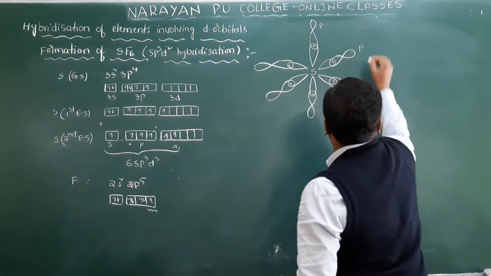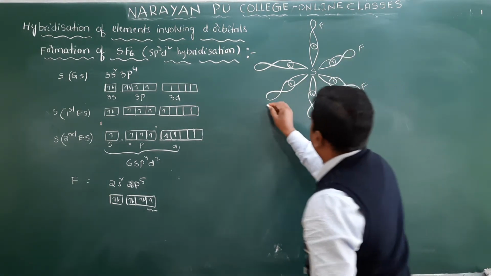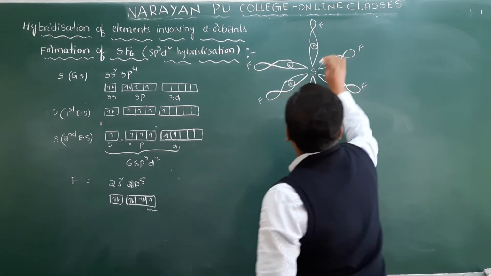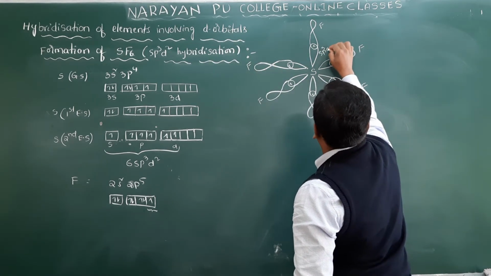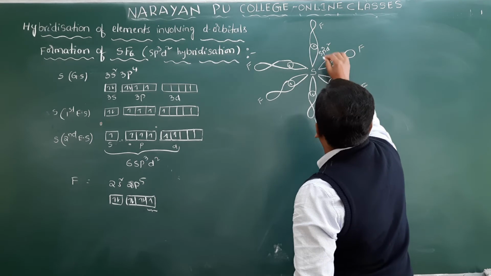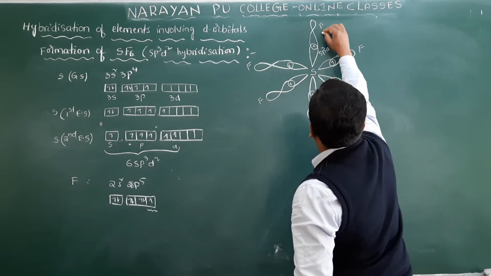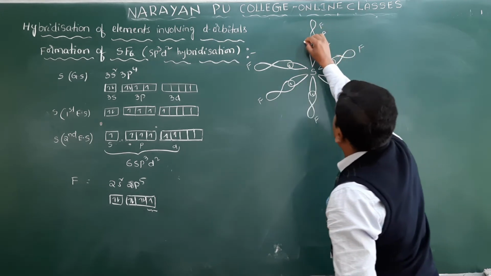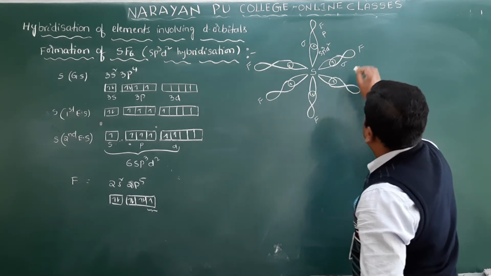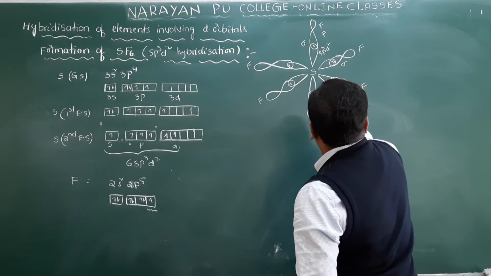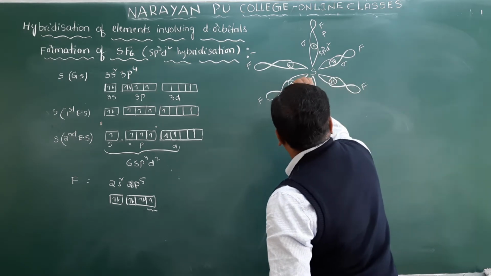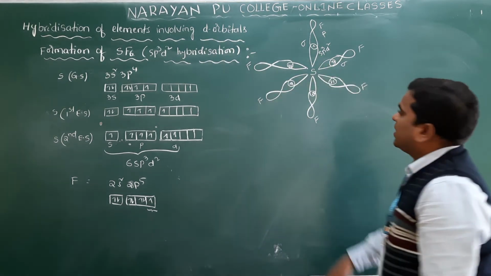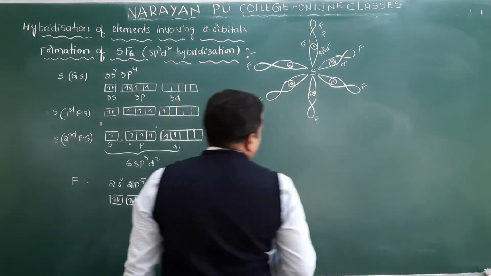P orbital of fluorine. These all are which one? P orbital of fluorine. And these orbitals are which one? sp3d2. It is which orbital? P orbital. sp3d2 and p orbital overlapping, you will get here one sigma bond. Here also one sigma bond. Each one will have how many electrons here? There are 2 electrons, because fluorine is giving 1 electron, and 1 electron is already there in the sp3d2 hybrid orbital.